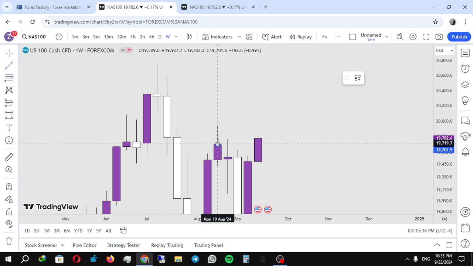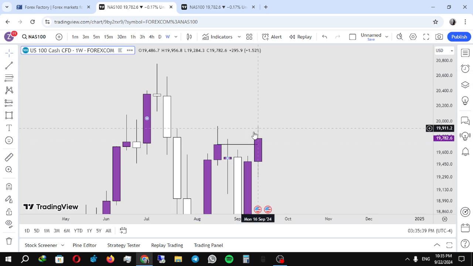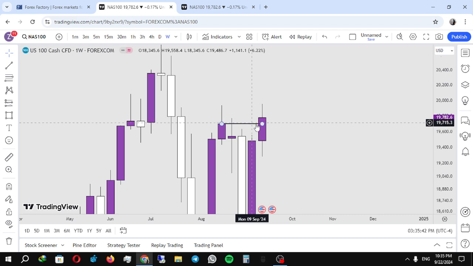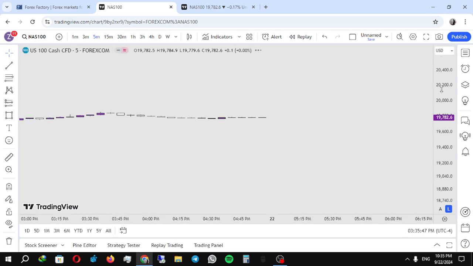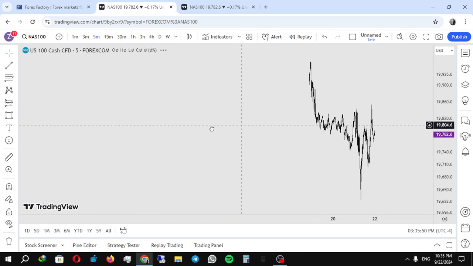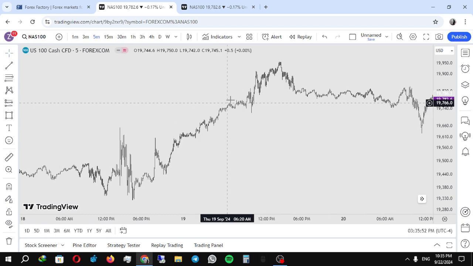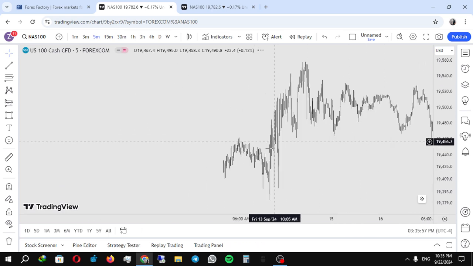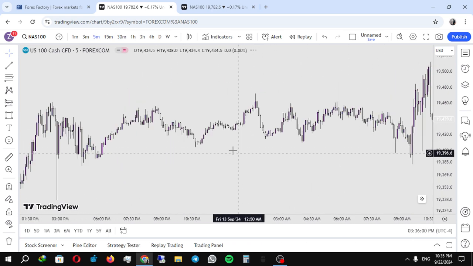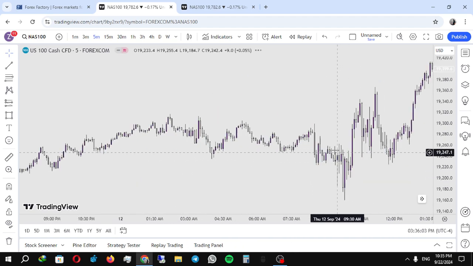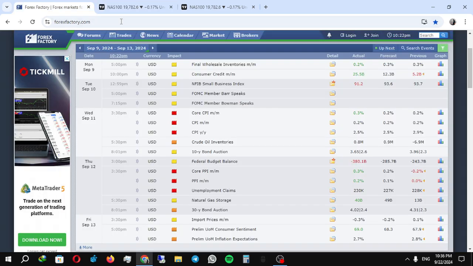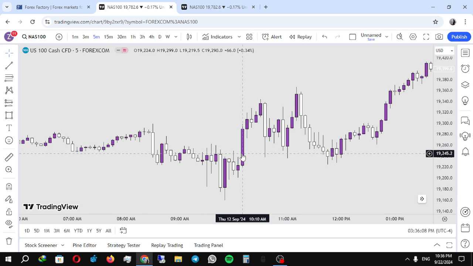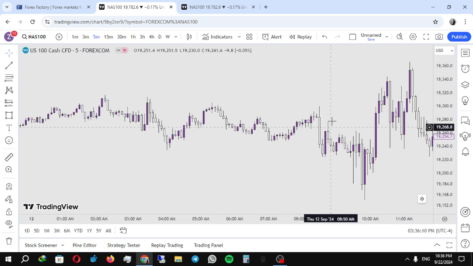We were somewhere between here, I guess. Oh, my bad. I confused this with last Thursday, where we had an order block at the weekly. My bad.